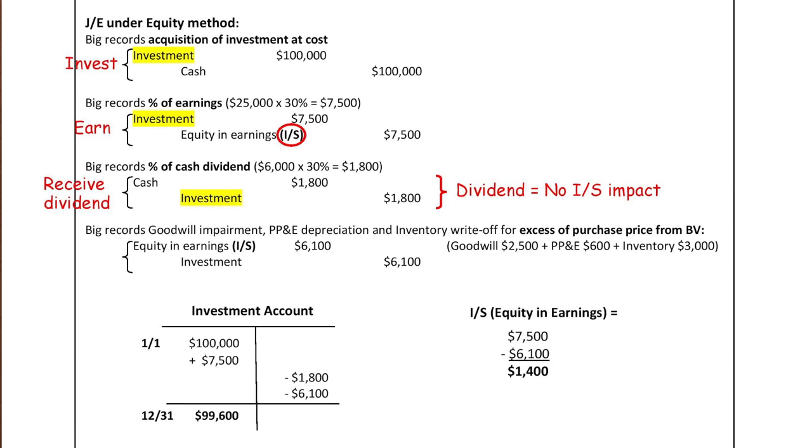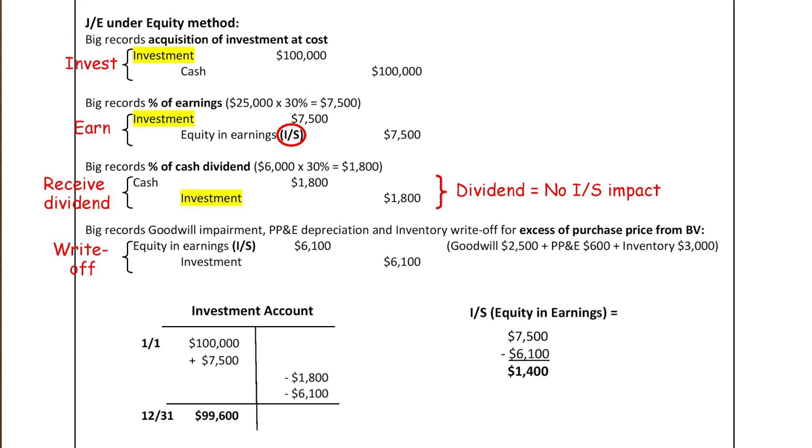And now we need to look at write-offs. So when we look at write-offs, we are looking at the difference between the book value of the investee and the purchase price paid by the investor. And in this example, the difference between the book value and the purchase price attributes to land, PP&E and inventory, and of course, goodwill.